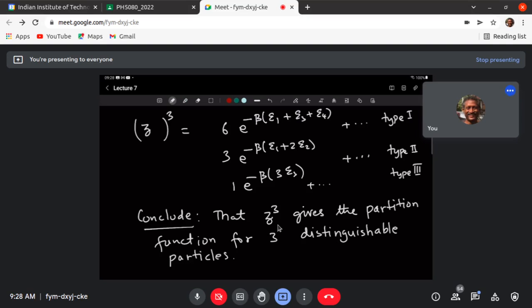You can go back and check, you can expand and see for yourself, but it's just the standard generalized binomial theorem, which will give you this fact. Is this acceptable, what I'm saying? Okay. Yes, sir.